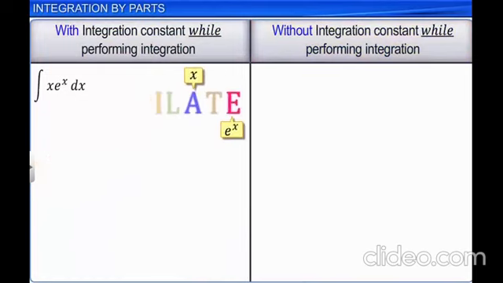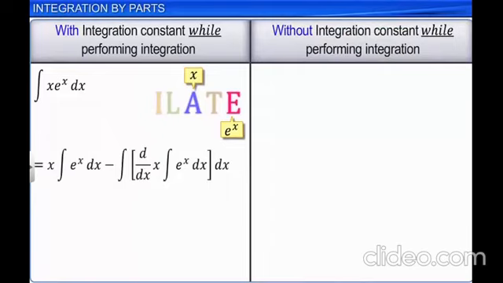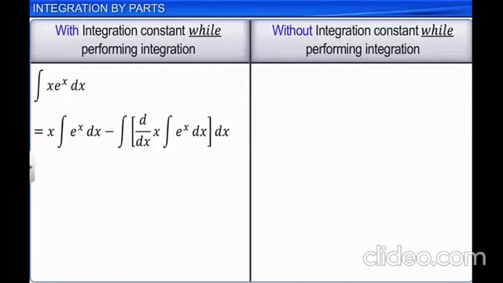On integrating e power x with respect to x, we get e power x plus k. Again, integrating e power x with respect to x, we get e power x plus k. This gives x into e power x plus kx minus of e power x plus kx plus the constant c. On simplifying, we can see that kx gets cancelled.